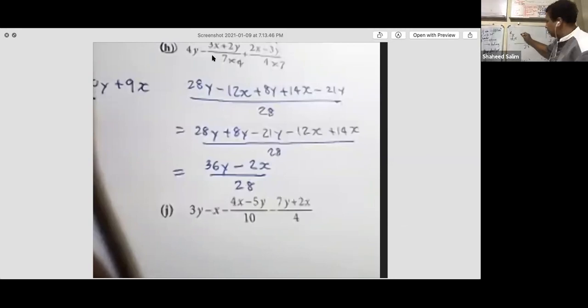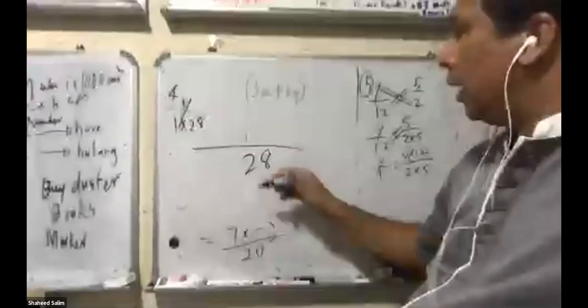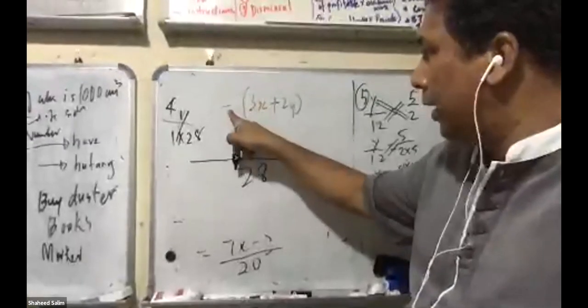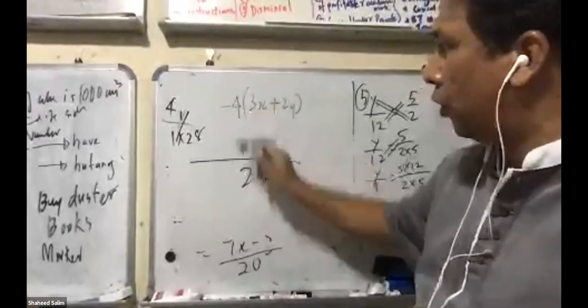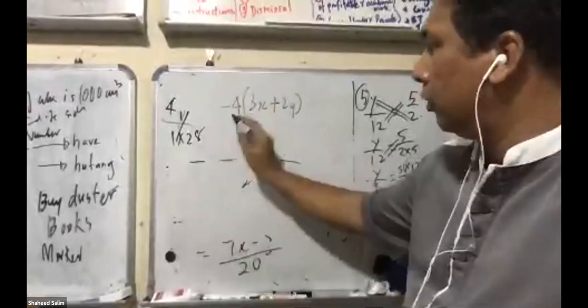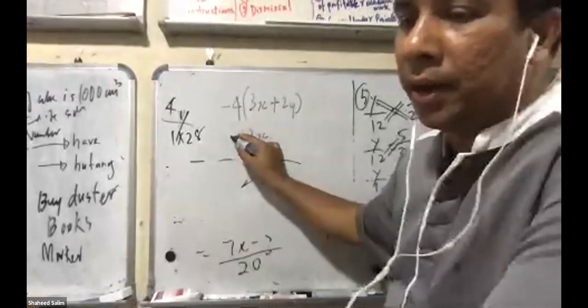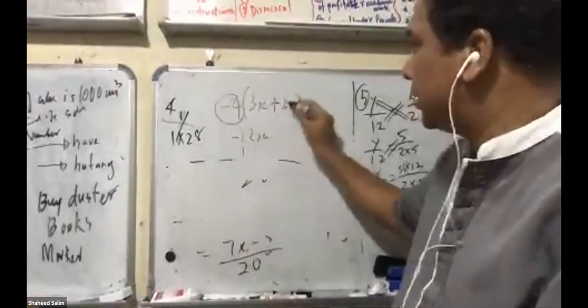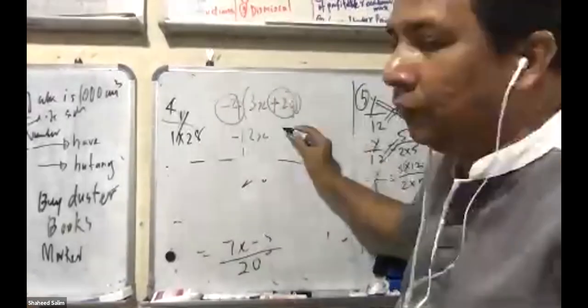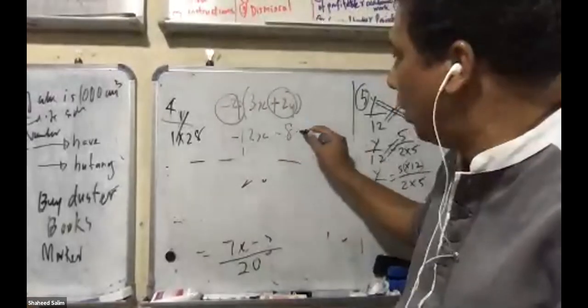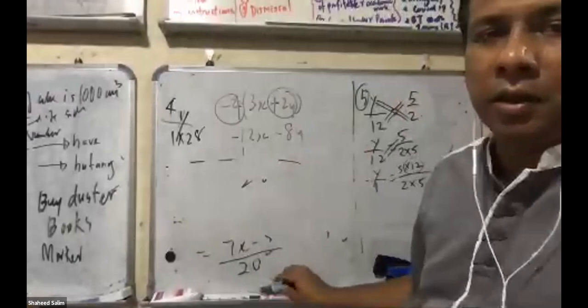Down here you have 3x plus 2. It's minus, right? You're going to times by 4, so we put the 4 here. So you're correct, 4 times 3 is 12x. And you put minus here, this is correct. But minus times plus must give you minus 8y, not plus 8y.